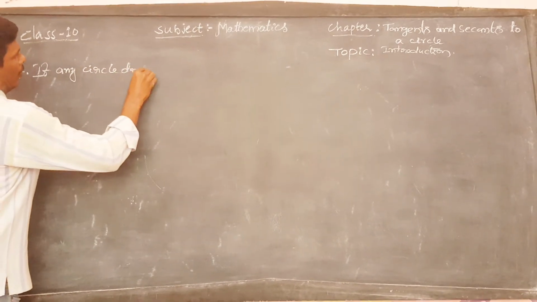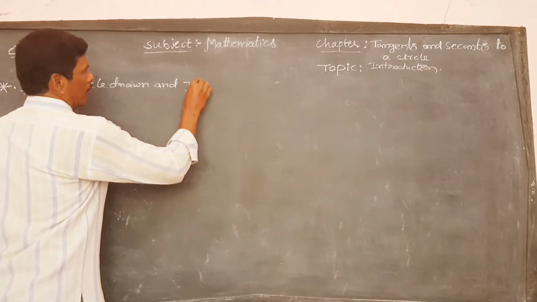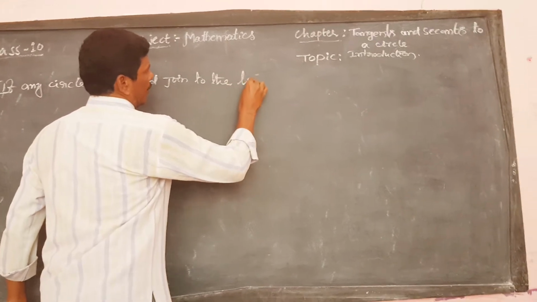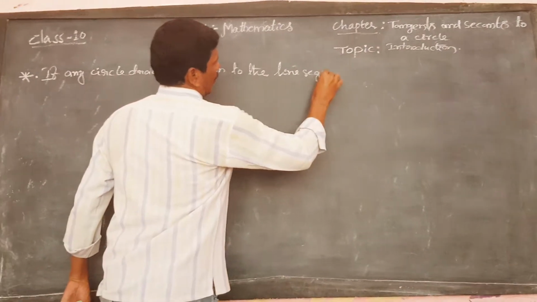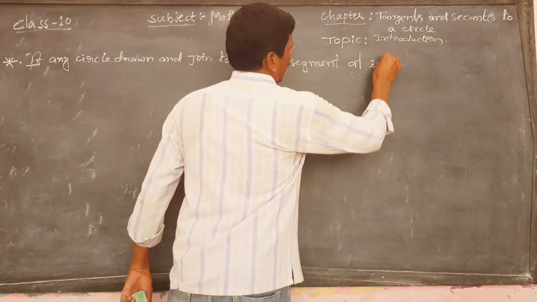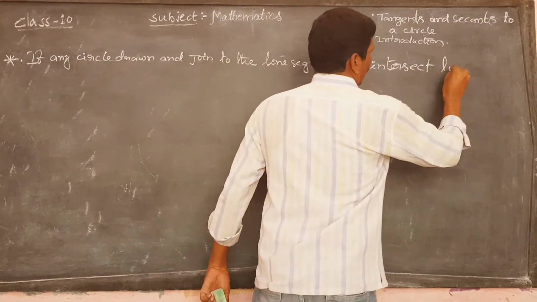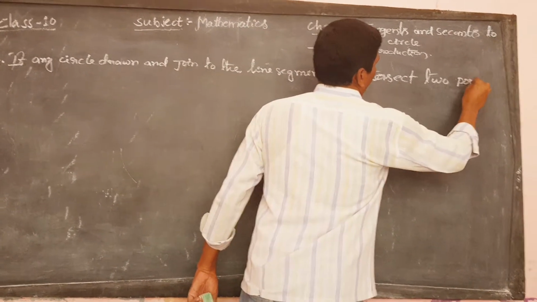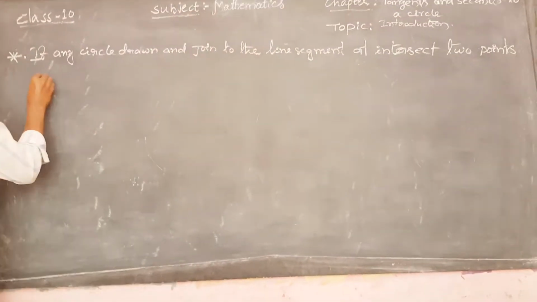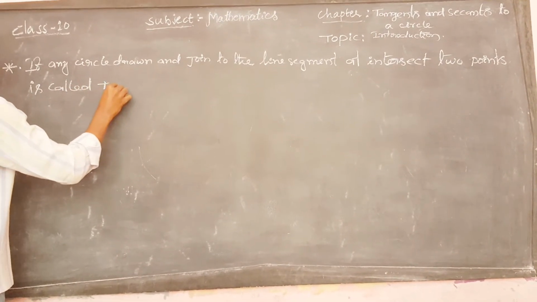If any circle is drawn and a line segment intersects it at 2 points, it is called a tangent of the circle.